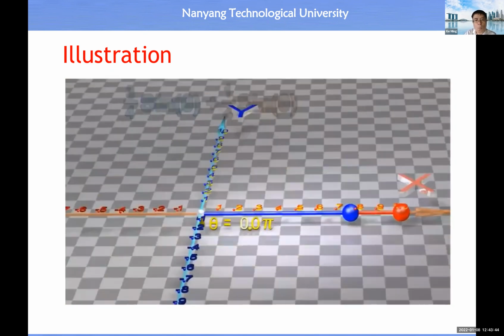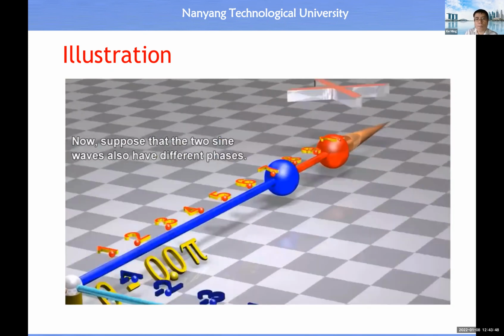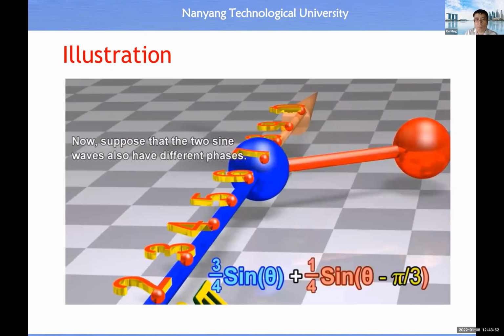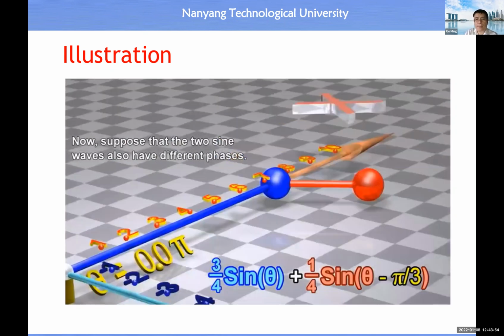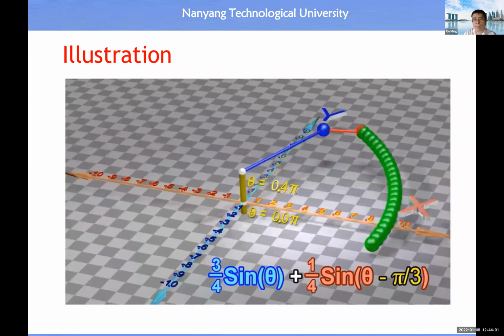Now, suppose that the two sine waves also have different phases. The sum of these two waveforms can be represented graphically like this.